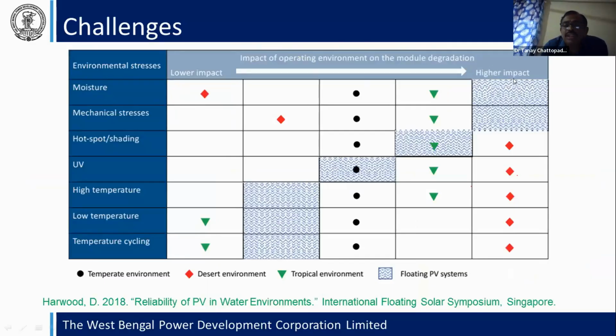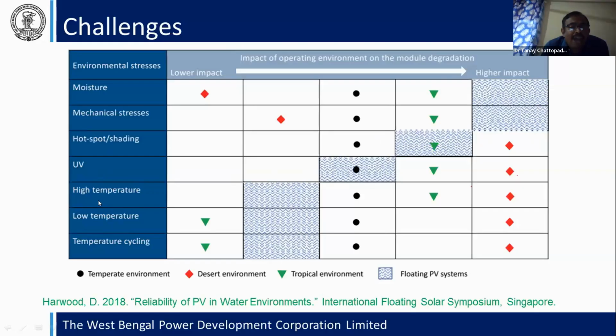For moisture, floating solar has the higher impact. So you have to design the module such that no water gets into it. And the mechanical stress also has a higher impact. And hotspot shading is not a higher impact, it is moderate. And also the UV, it is also moderate.